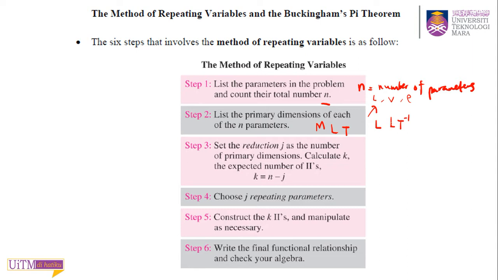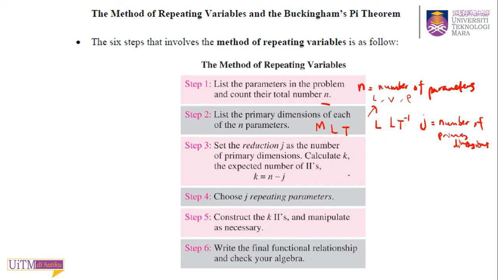For example, let's say there are 2 primary dimensions, L and T. So your j is the number of primary dimensions. So let's say you have 2 j's. There are only 2 primary dimensions, the j.